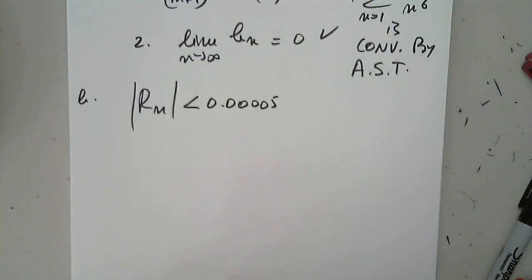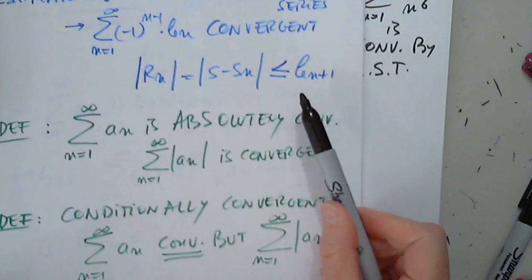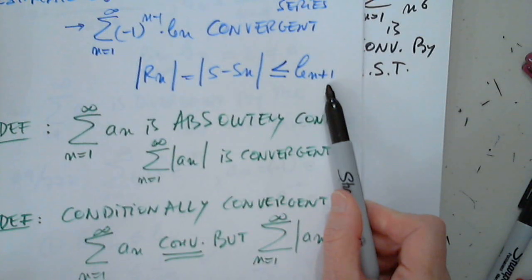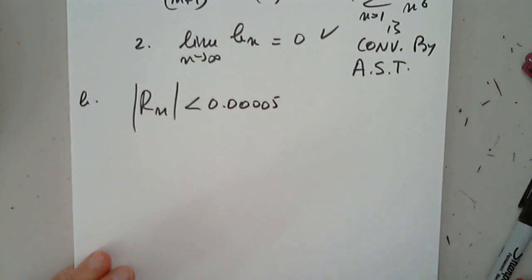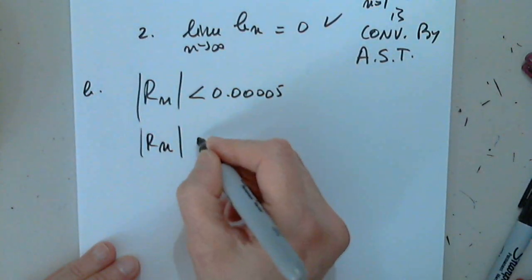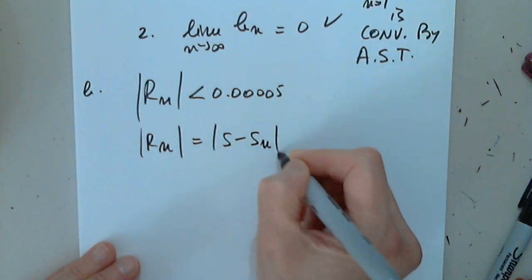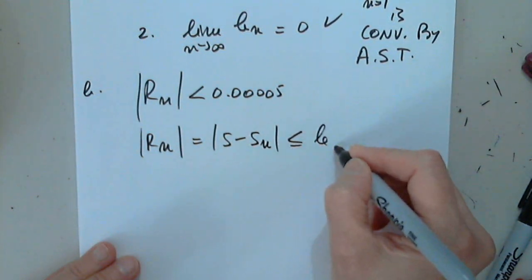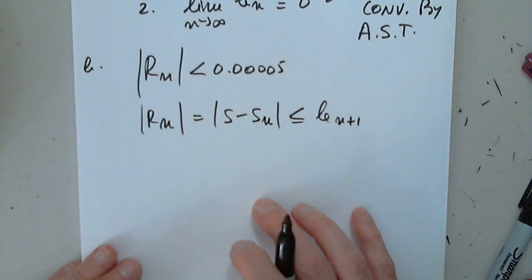All we have to look at is b sub n plus 1, which is s minus s sub n less than or equal to b sub n plus 1.